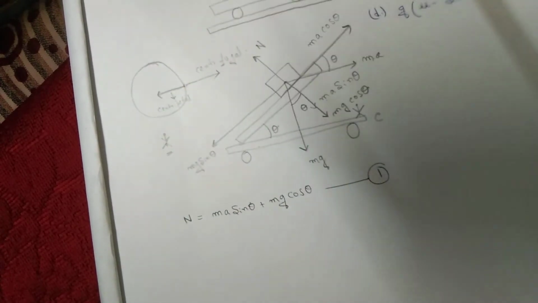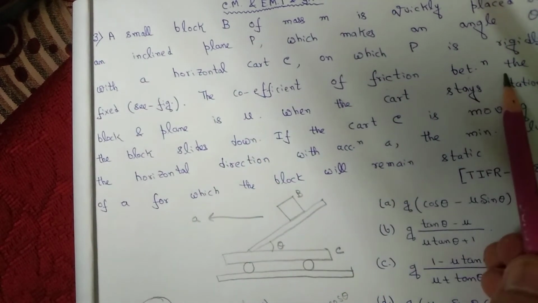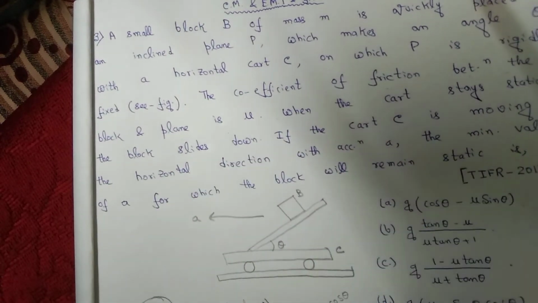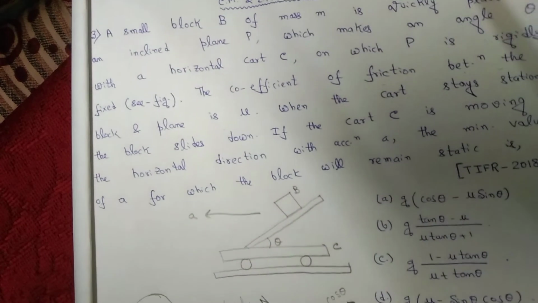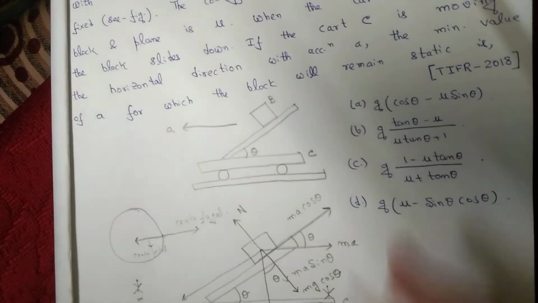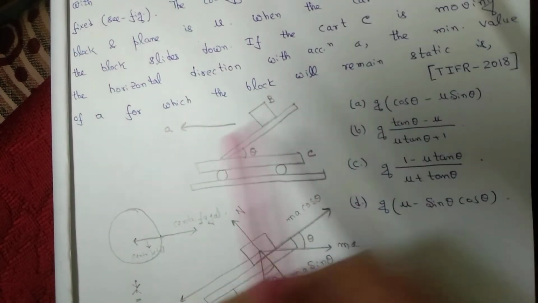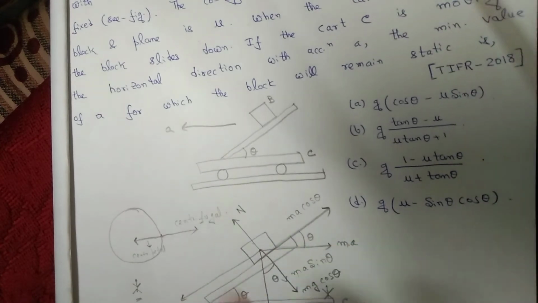Okay, I forgot one thing. In the question, it is mentioned that the coefficient of friction between the block and the plane is mu. That is, you need to put a force of friction, and as this block is sliding down, that is, in this direction it's moving, the friction will try to balance in the opposite direction.